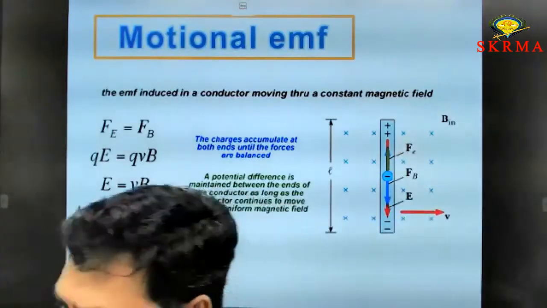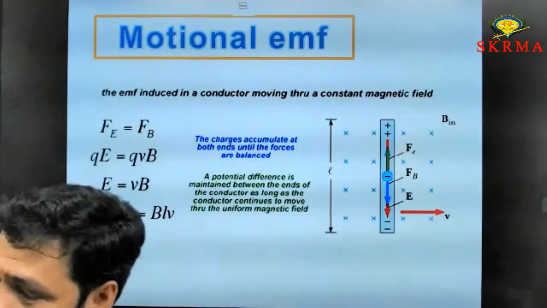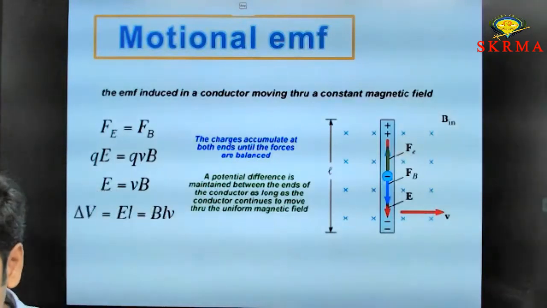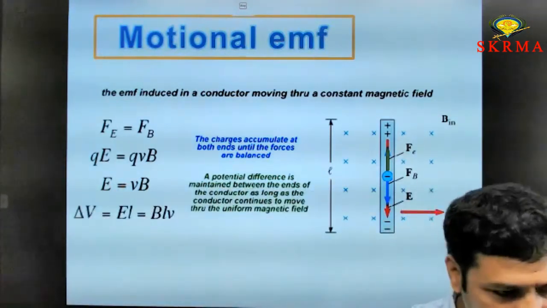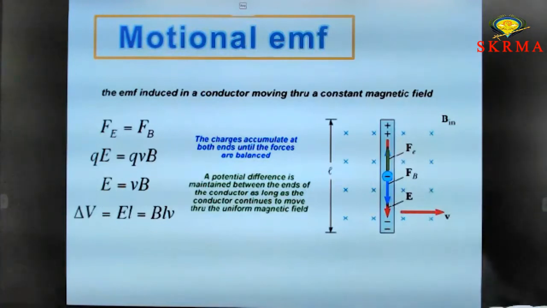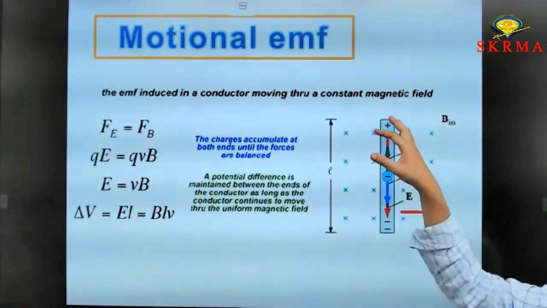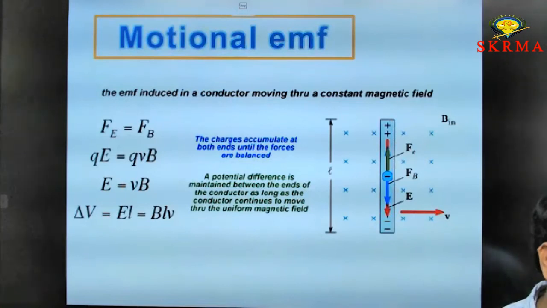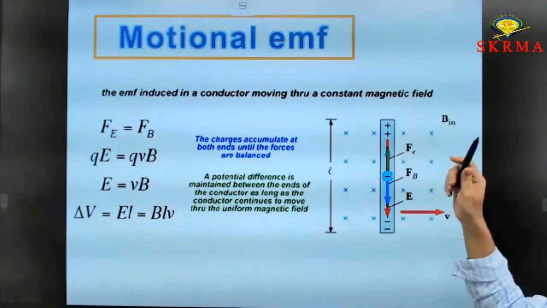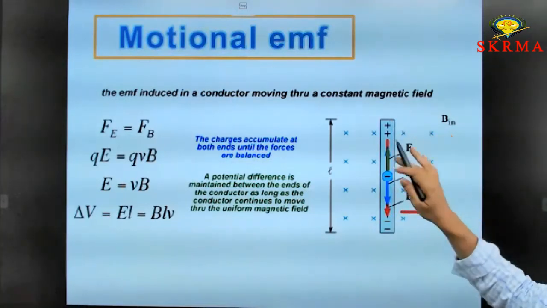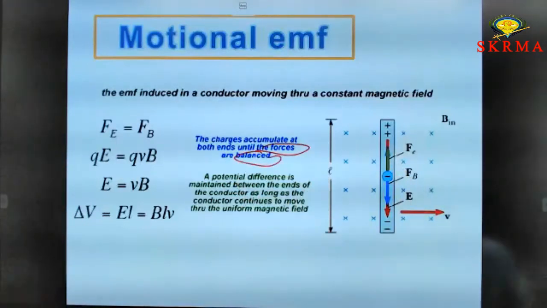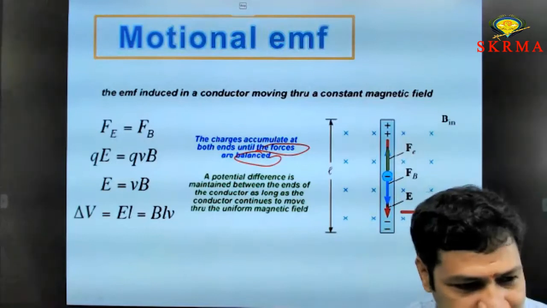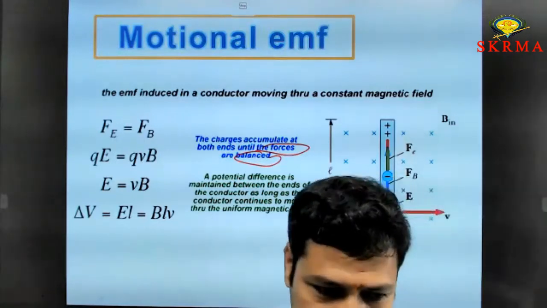The Fleming right hand rule and motional EMF are interlinked concepts. What is motional EMF? Whenever a conductor moves in a magnetic field, electric charges are induced inside the conductor. The charges are induced until the forces are balanced. Which forces are acting here? Electric force as well as magnetic force.